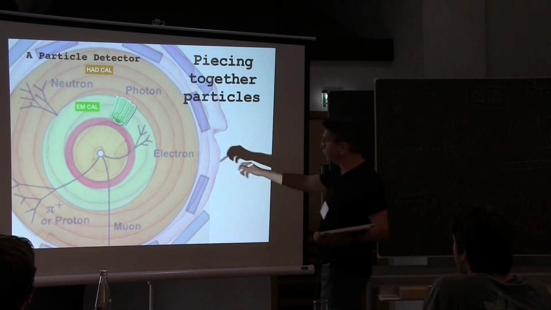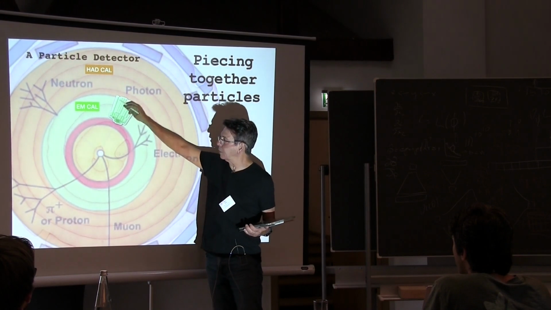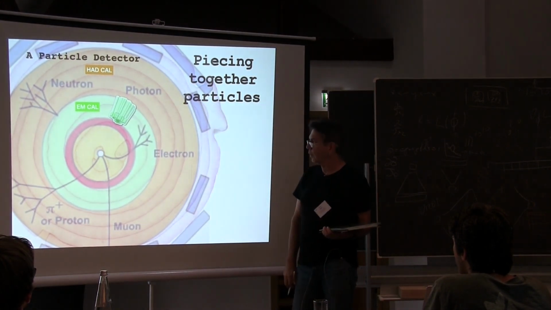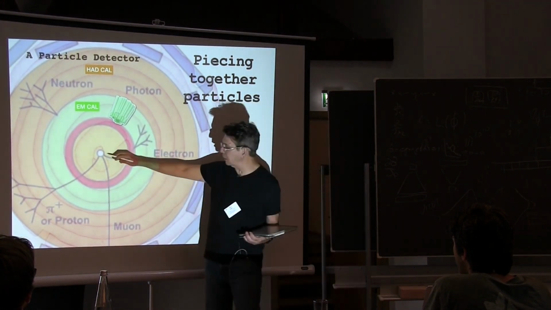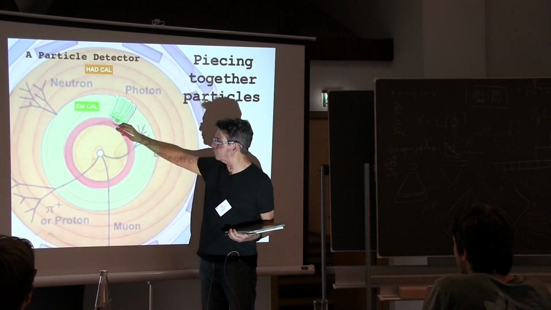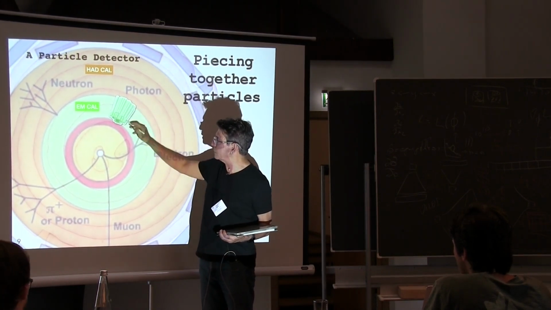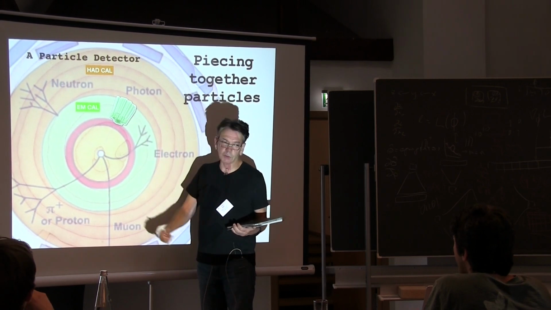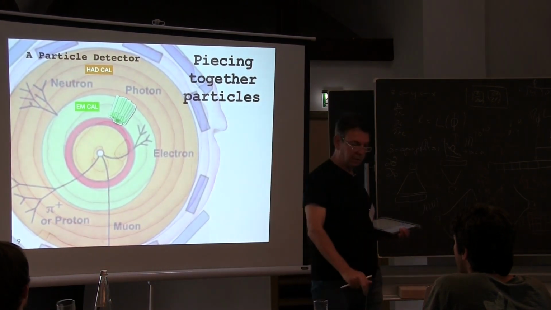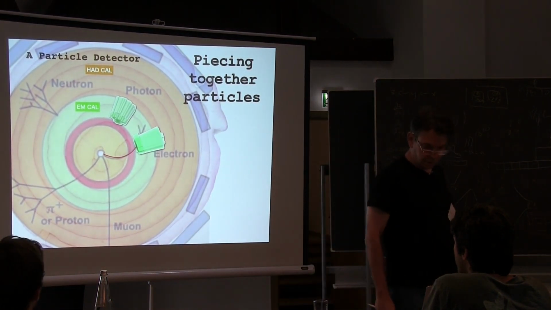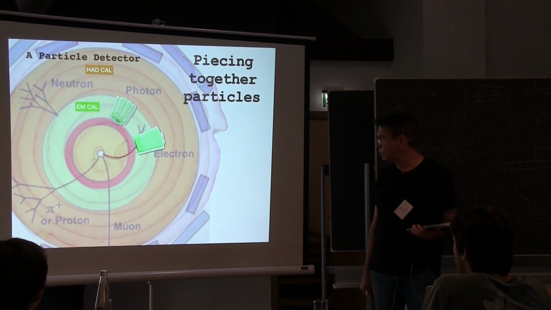Here is how a photon looks with a real detector simulation. The photon will go here, leave nothing in the tracking chamber, of course, and will deposit all of its energy in the electromagnetic calorimeter. An electron will be similar.